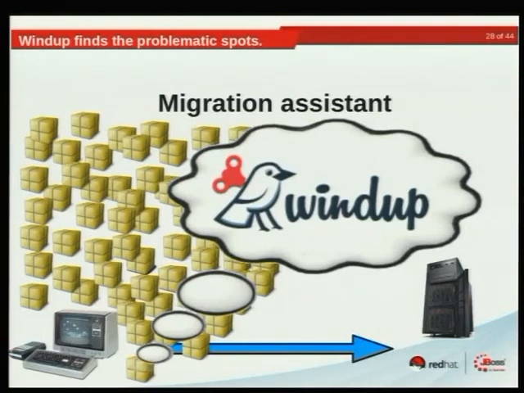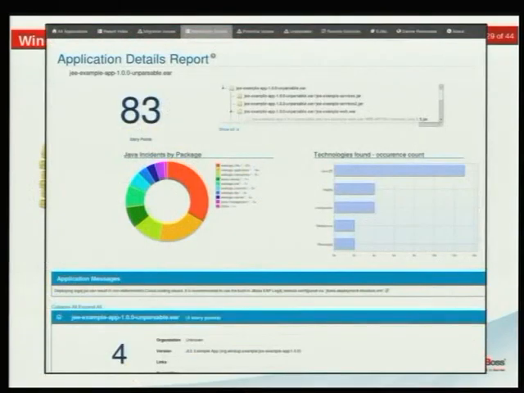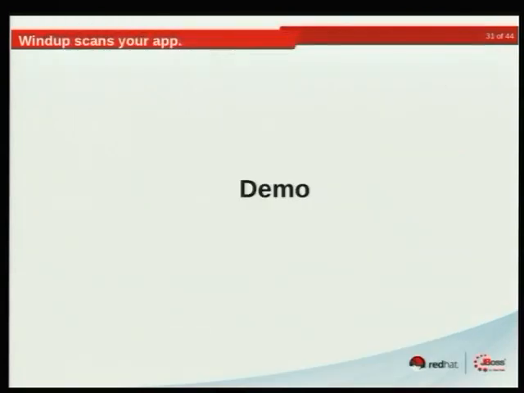And after it runs for several, in this case hours, because it's quite complicated tasks, it comes up with a report. This is just one of the pages of the report, but it basically shows you some summarization, some statistics, some nice graphs, and then the details. I will show you what it produces later. Now let's go to the demo.